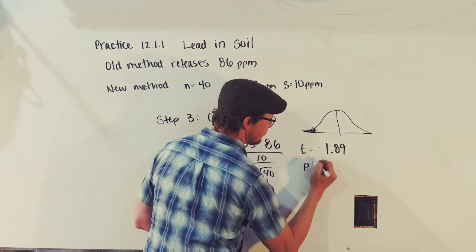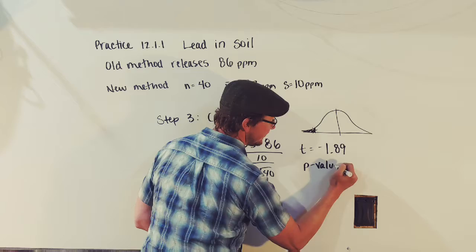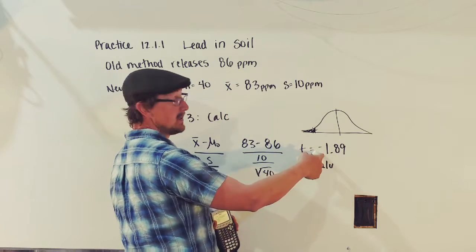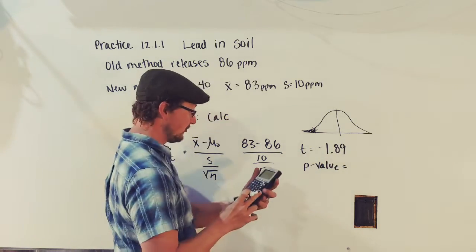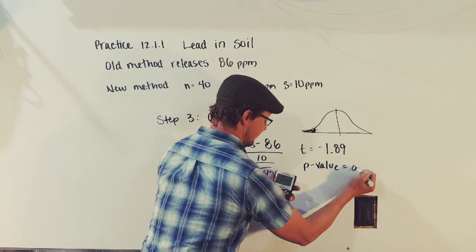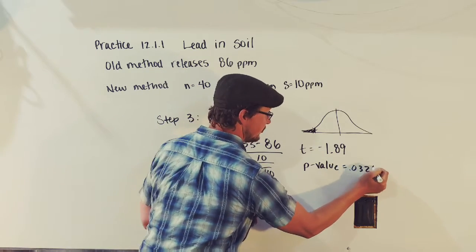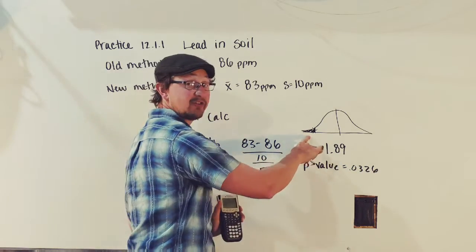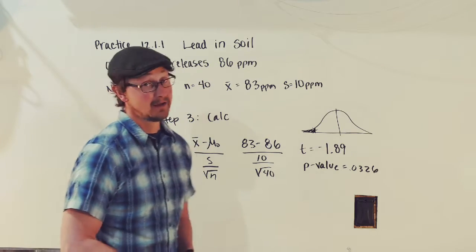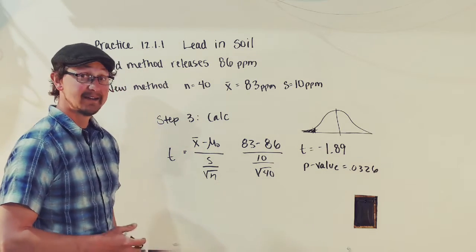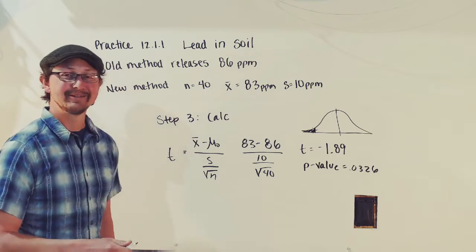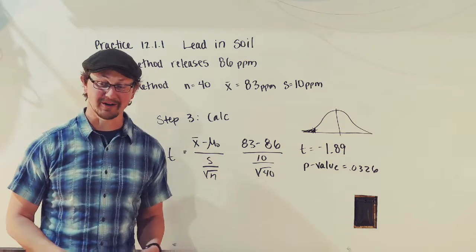Well, the p-value, the probability of being less than or equal to negative 1.89, is equal to 0.0326. So there's about a 3% chance we're in this shaded zone. Because we're testing at a 5% significance level, well, I'm getting ahead of myself. Let's jump on over to step 4, our conclusions.